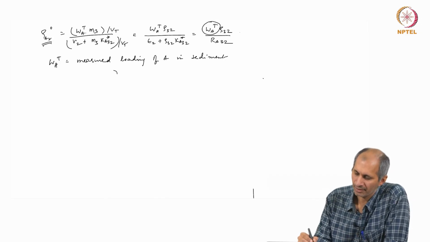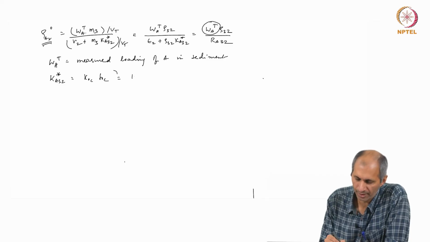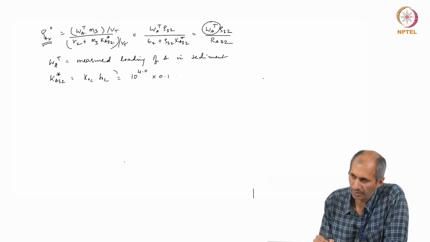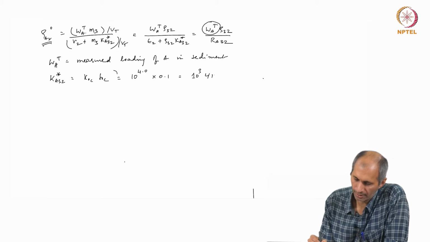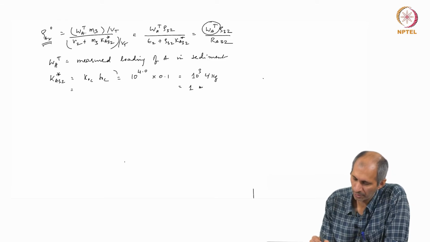For very large, let us take for example, some compound which has Ka32 equal to KOC times FOC. If you take some compound which has KOC of say 10 raised to 4 liters per kilogram and an FOC of say 0.10%, this is 10 raised to 3 liters per kilogram, Ka32 equals 1 meter cube per kilogram.